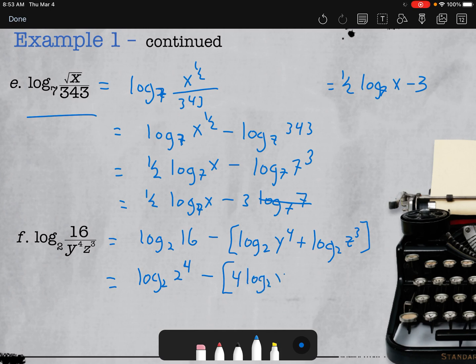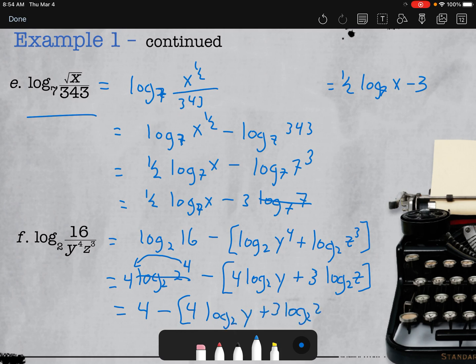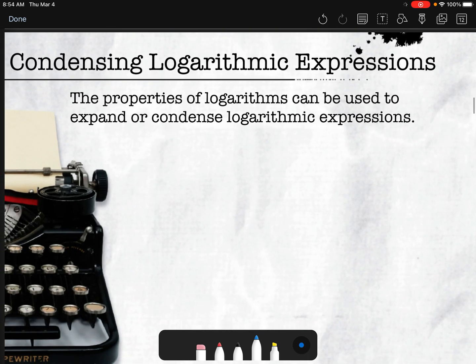And I can put these exponents out in front of these two. But now, log base 2 of 2 to the fourth, I can put that 4 out front. And log base 2 of 2 is 1. So it's 4 minus 4 log base 2 of y plus 3 log base 2 of z. Pretty interesting. That's that expansion.